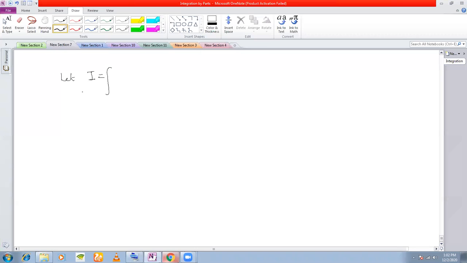Let I is equal to integral sin inverse of 3x minus 4x cube dx. Can you tell me how to do this sum? How to start this sum?